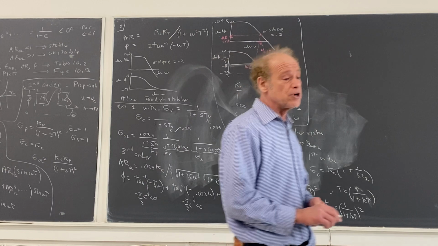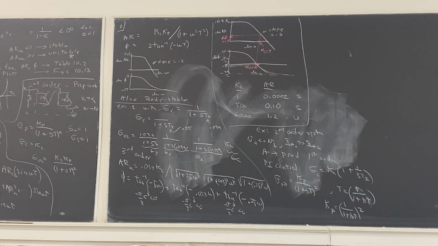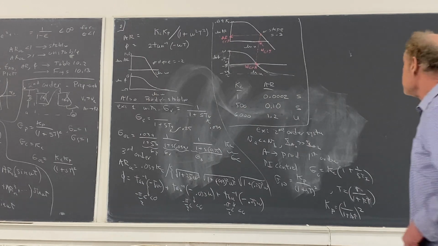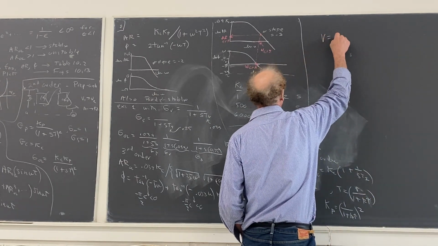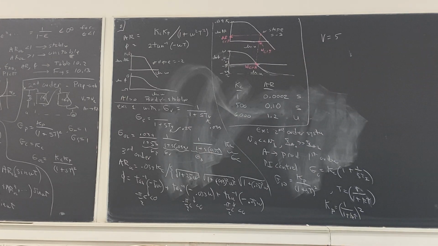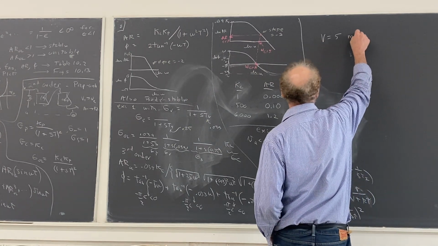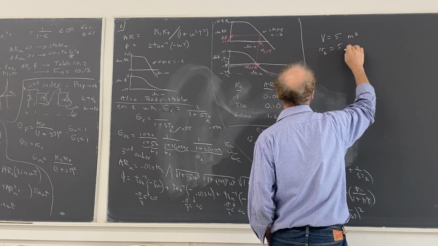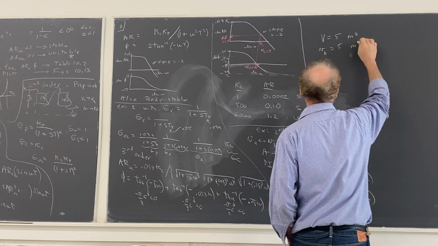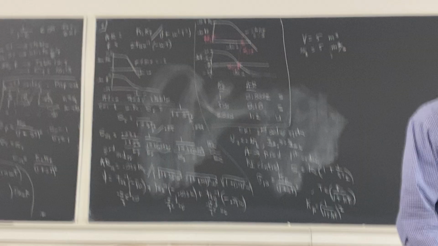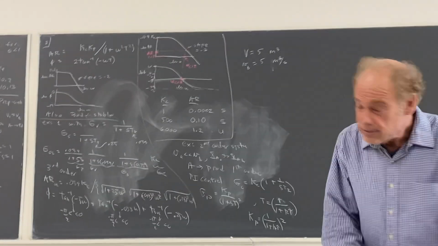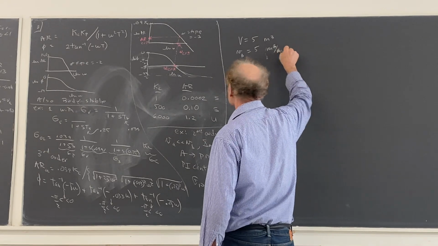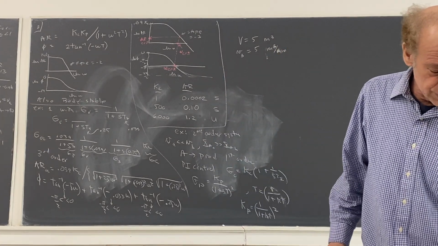What else can we say here? So now I want to put in some numbers. So we're going to make the volume 5, and the units are consistent. I'm not going to fuss about the units here. VB is 5 meters cubed per minute, okay? And why don't I just copy all the numbers?